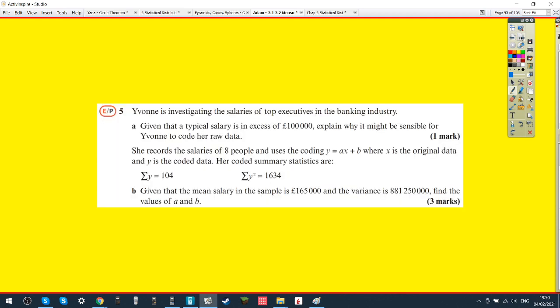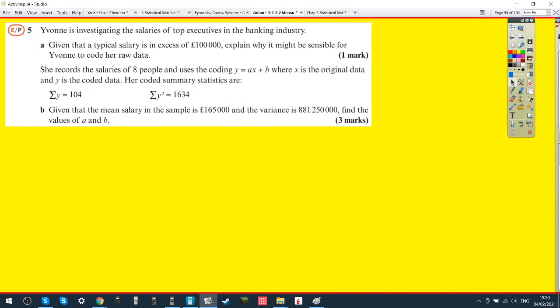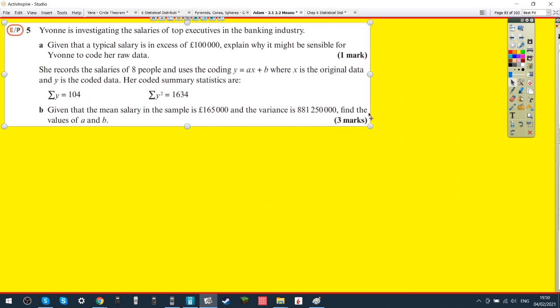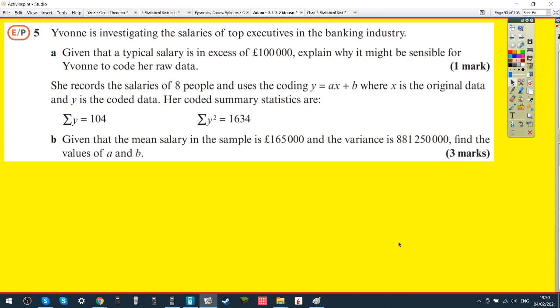So the coded data is there. Given that a typical salary, explain why it is more sensible to code raw data. So why do you code raw data?